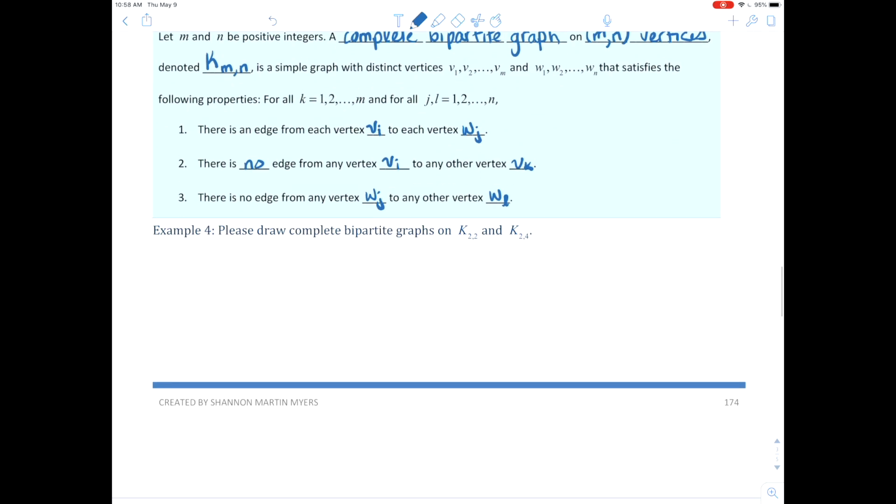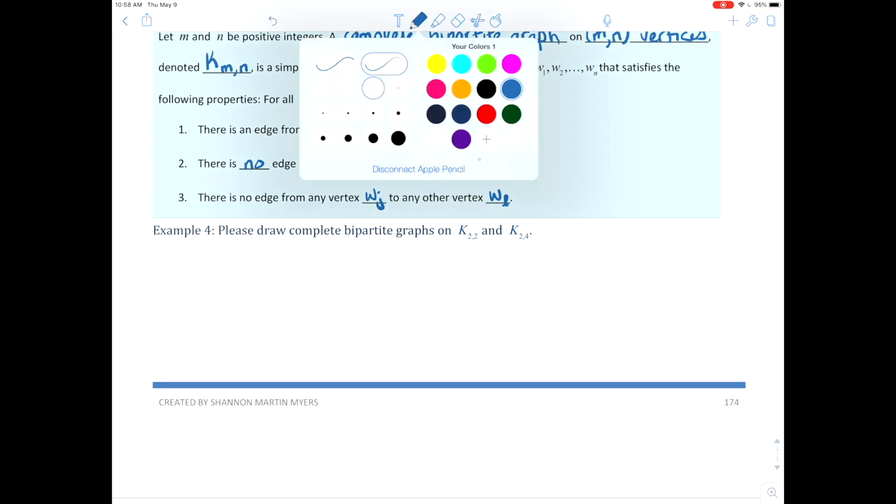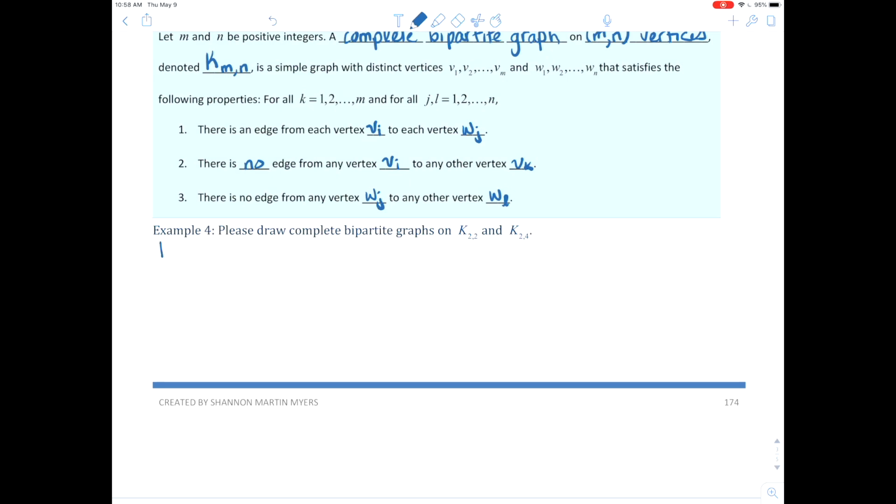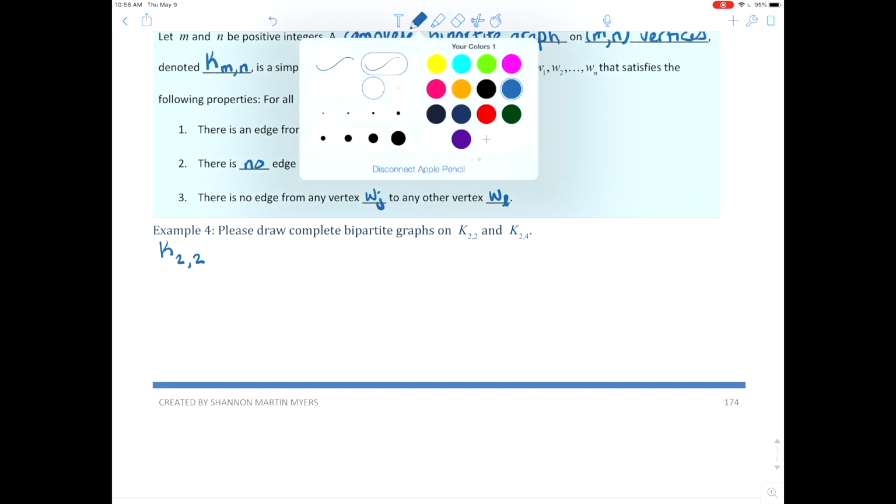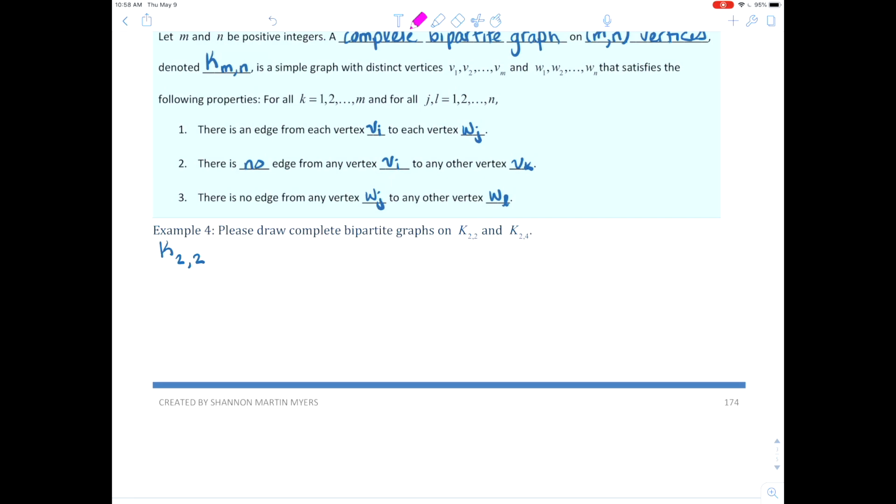Okay, so now let's draw complete bipartite graphs K2,2 and K2,4. So, here we go. K2,2. One easy way to do this is to make your vertices kind of up and down in columns in a way.